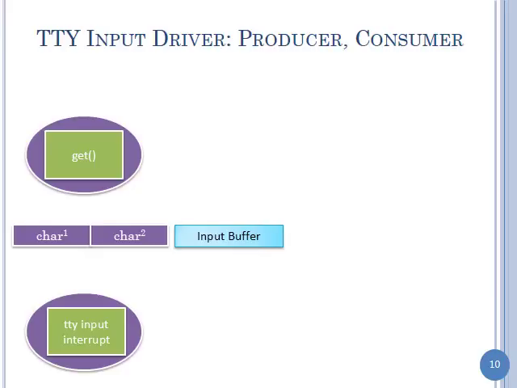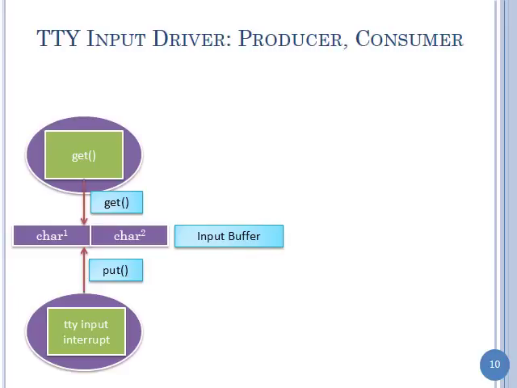So the dual situation. Now you have the upper half being the consumer of information. It's doing a get, and the input interrupt routines are putting things in the buffer. It may be the case that the user is typing away. You can type ahead, and there is no process to consume the characters. So the characters have to be buffered somewhere. That's the input buffer, and the interrupt routine is a producer, and the get consumes from that.